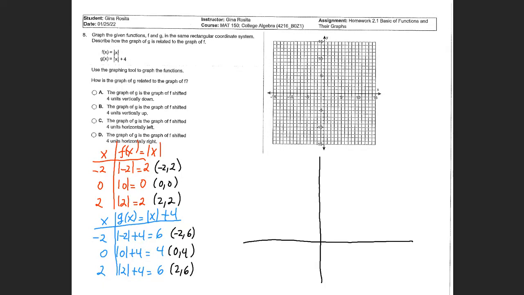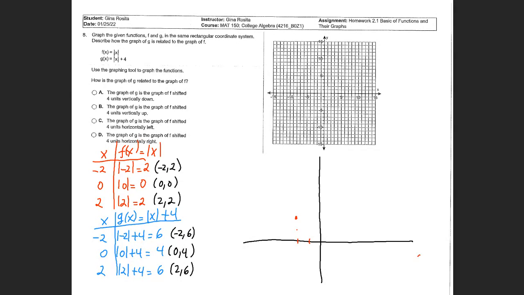Now the first one is for red, the f, f of x equals absolute value x. So now negative 2, 2. This is negative 1, negative 2, 1, and 2 right here. After that, 0, 0.